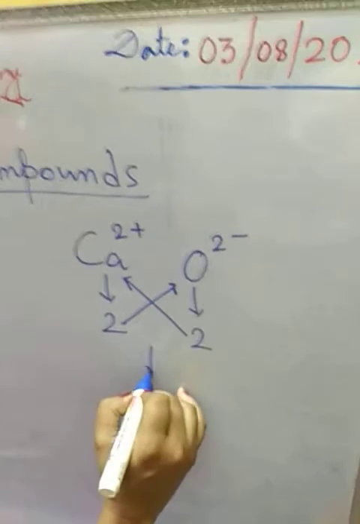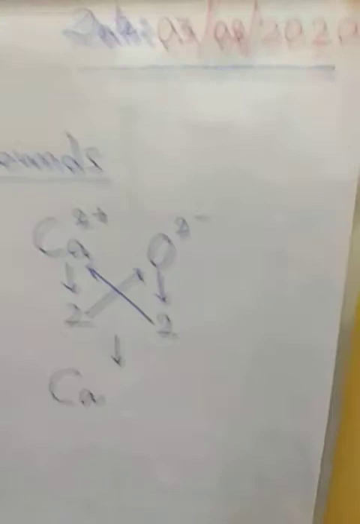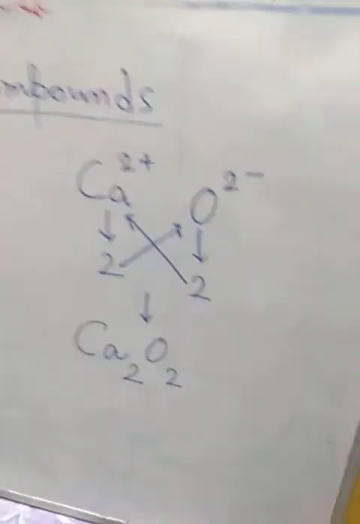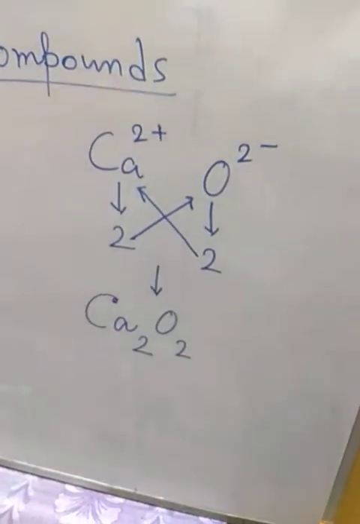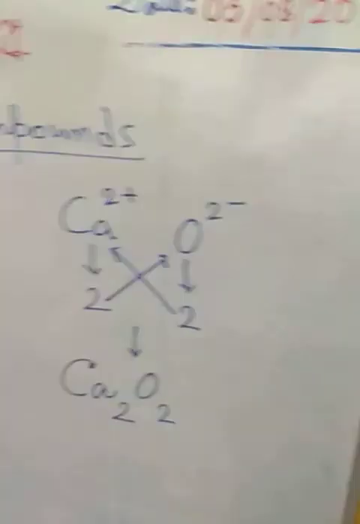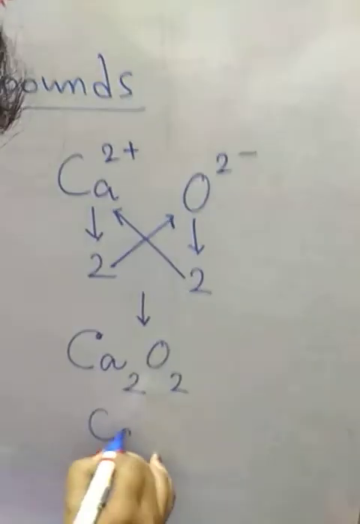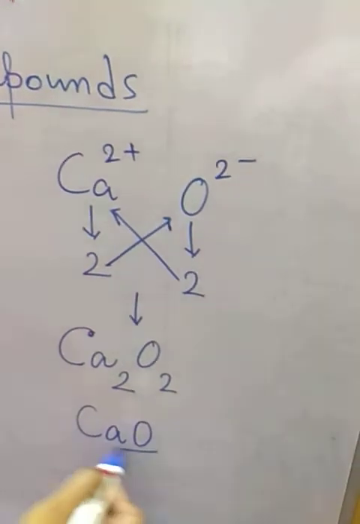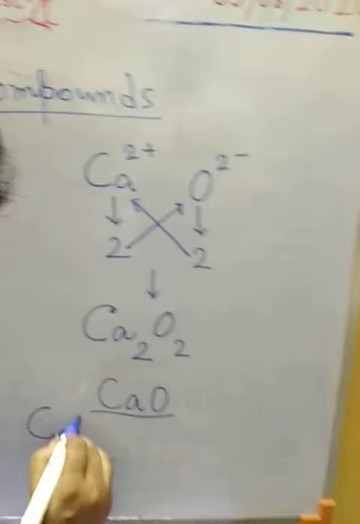After doing this, we get the formula of calcium oxide as Ca2O2. Here we take the simplest ratio, so we can remove the 2 and simply write the formula as CaO. So this is calcium oxide.